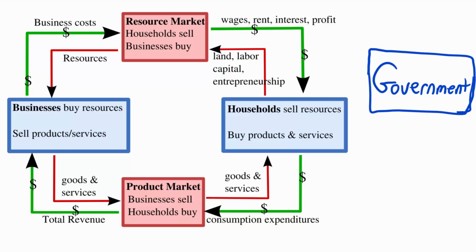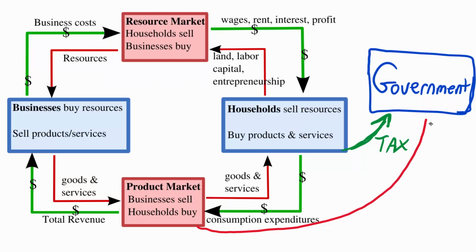Well, one thing we know that government does is they tax. So they tax households. So households are going to be paying taxes to the government. And then what does the government do with that money? Well, the government probably is going to use some of that money to buy some goods and services. The government is probably also going to go into the resource market and hire some people.